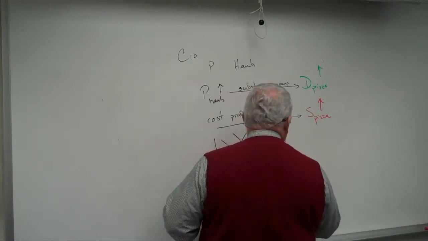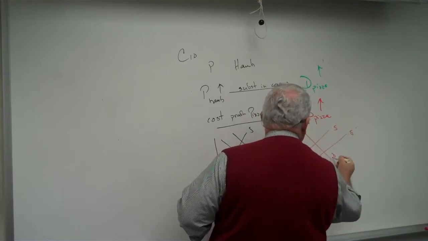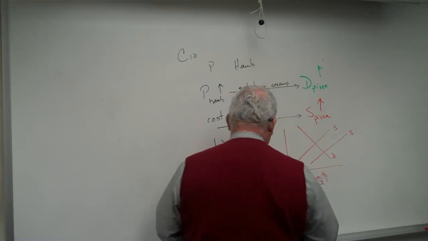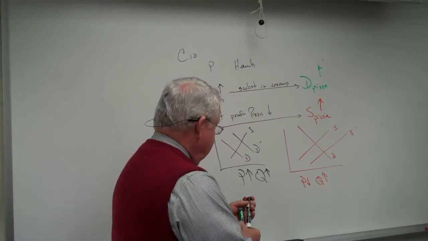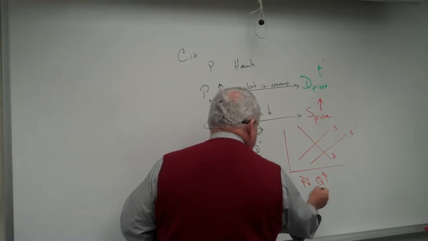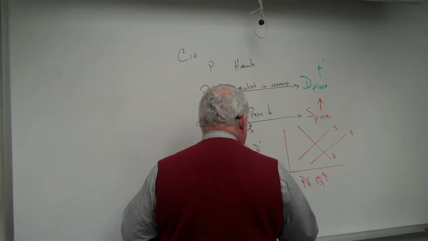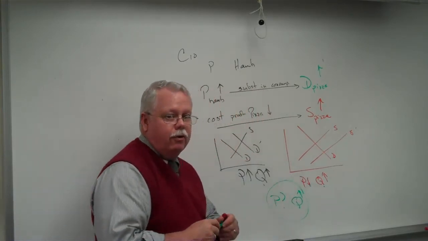An increase in supply makes price fall and quantity increase. Quantity does the same thing, so that's going to happen. You get different things for price, so we don't know what's going to happen, and that's our answer.